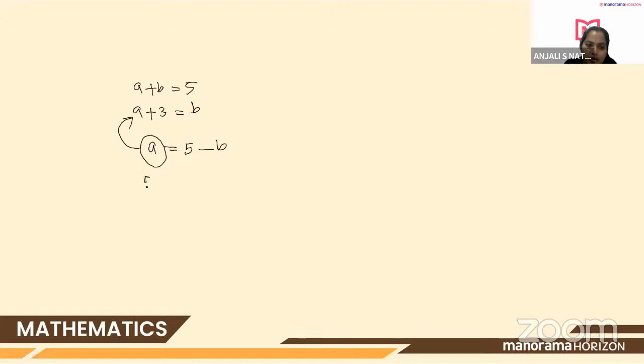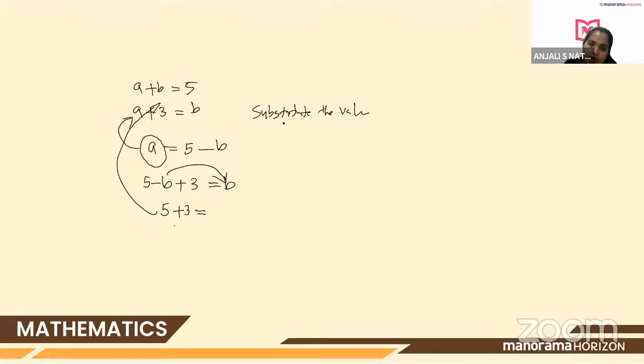Then we get 5 minus b plus 3 is equal to b. So we can find that is 5 plus 3. We can take b to one side and find b, and then put the value of b in the first equation and we get the value of a. Just substitute the value. Okay, that is substitution method.